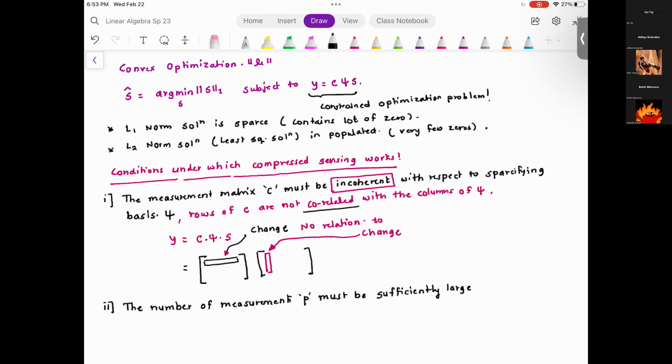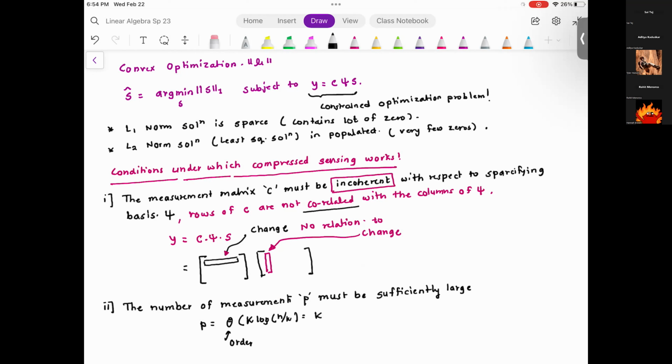And when I say large, P is of the order, this O is an order symbol, of K log N by K. So what that means is this is actually a huge number.